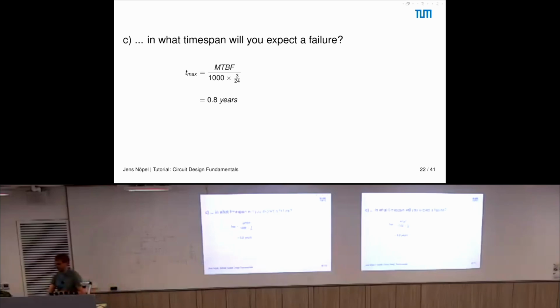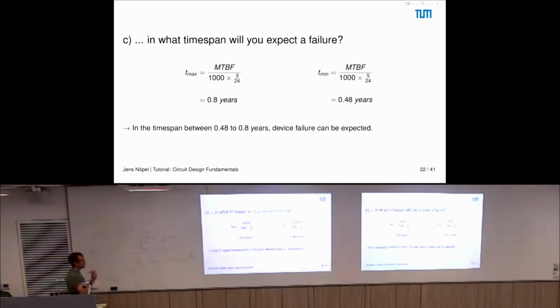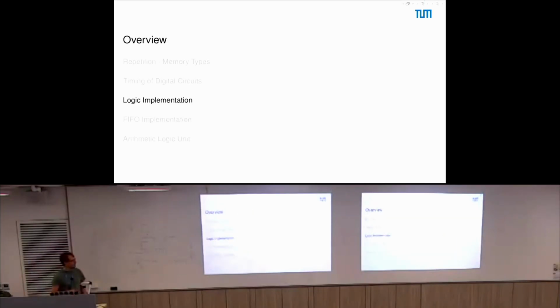And you do the same thing for 5 hours a day. Then you get to 0.48 years and result with a time span of 0.48 to 0.8 years in which we expect a failure of those 1,000 devices. Questions? No. All right. Then let's continue with the next topic for the day, which is logic implementation.